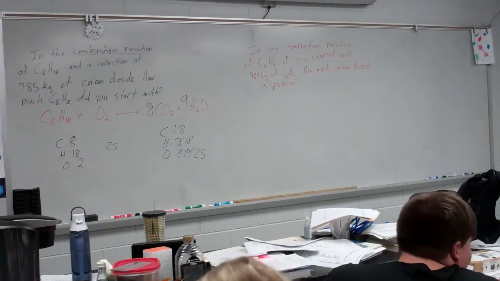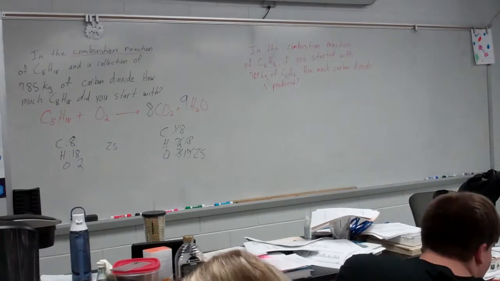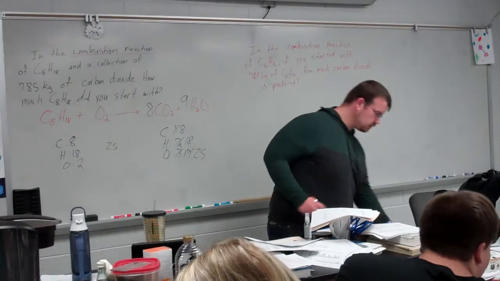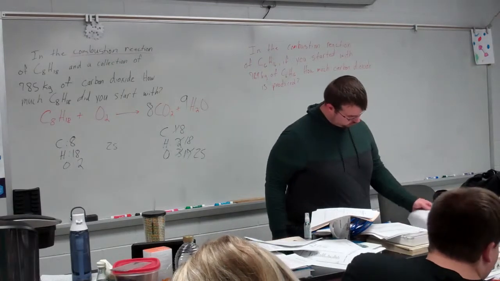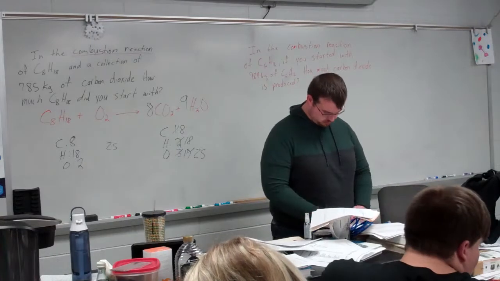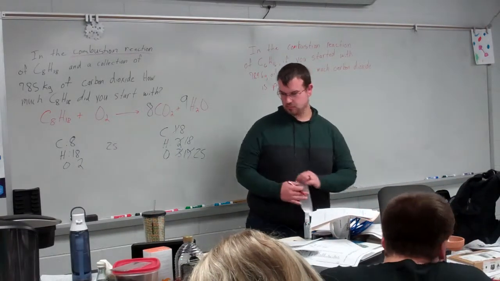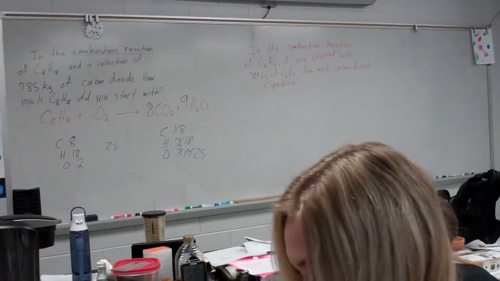And then after that, where would you start? After you balance them, you start with your grams, and you put it in your equation, and you convert it to moles. And after you do the moles, you do your mole thing. So we're going from grams to moles, not molecules, moles.